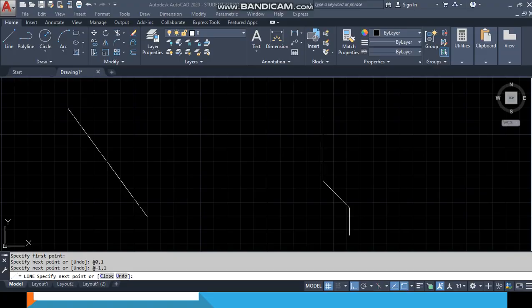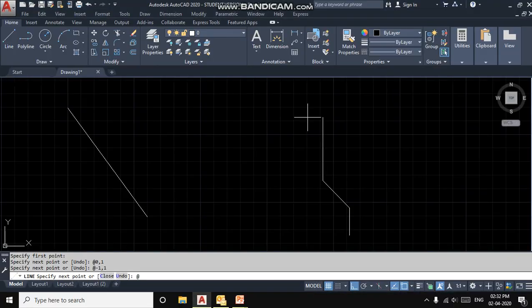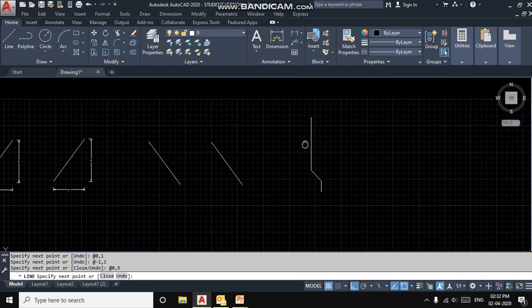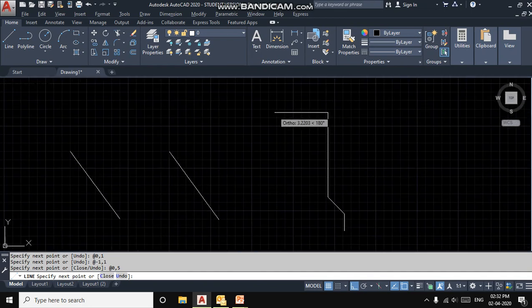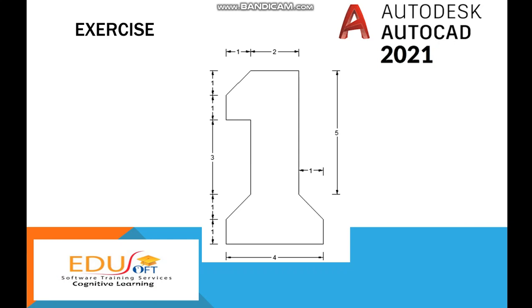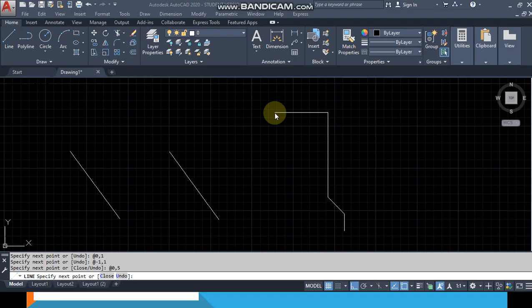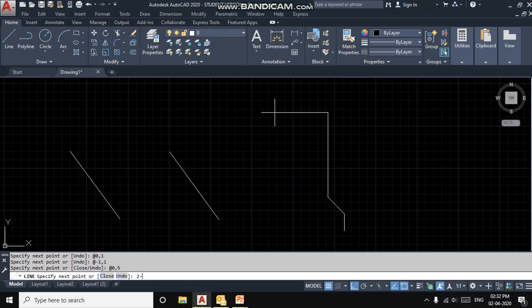The distance is 5. So at the rate 0, 5. Now this is moving towards this direction, that is negative x-axis. So I am giving my input as at the rate minus 2 comma 0.